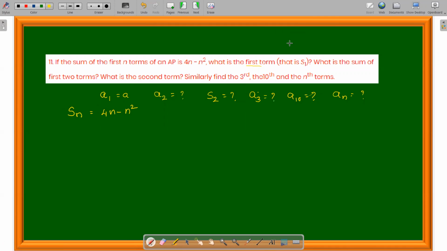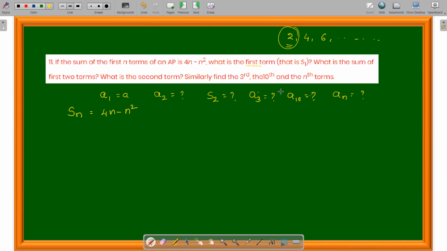Look, I am giving some examples here. For example, an AP is 2, 4, 6, etc. The first term is 2 only, correct? So the sum of that term, what will you get? Sum of only one term means that is a, isn't it?